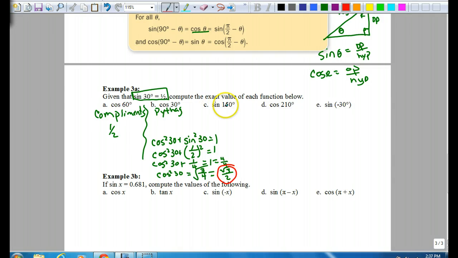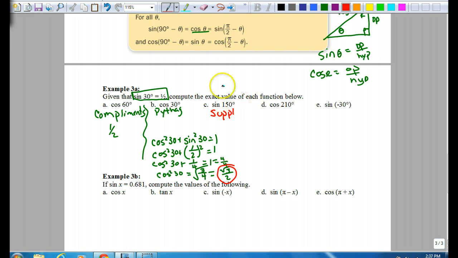All right. Sine 150. Yeah, it's a half turn from 30, right? So I'm going to take the half turn one. Oh, actually, this is supplements. This one should have been supplements. The next one's half turn, because we're adding 180 to 30 in that one. So this is a supplements.